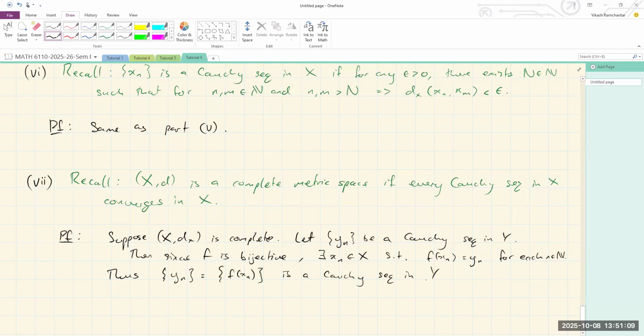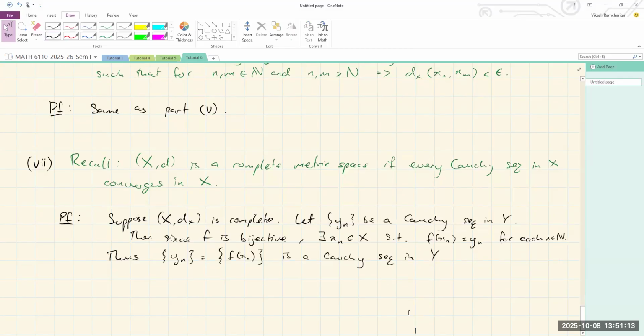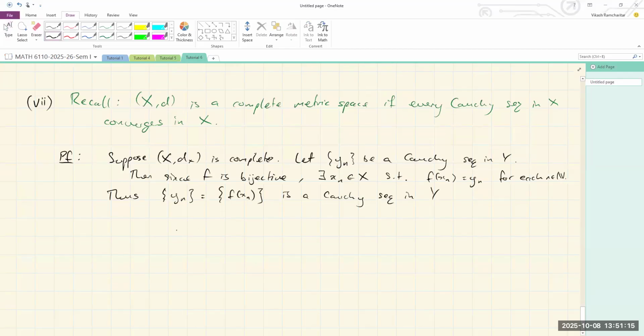But what did we just prove? We just proved that if this is a Cauchy sequence in Y, then x_n is a Cauchy sequence in X. Remember, we just proved that we could move Cauchy sequences back and forth using f.